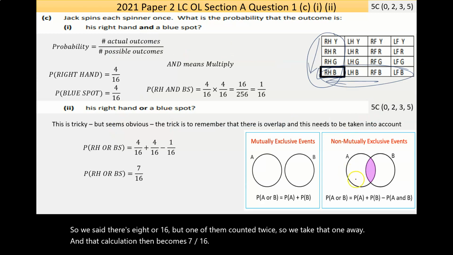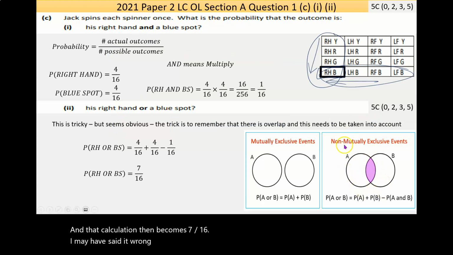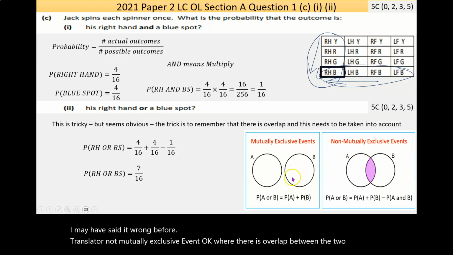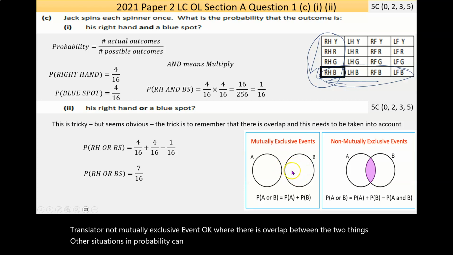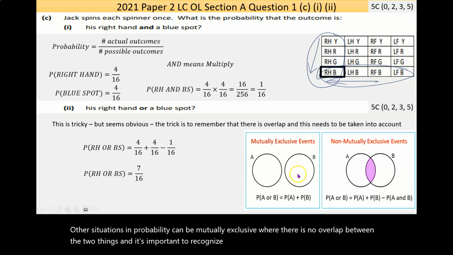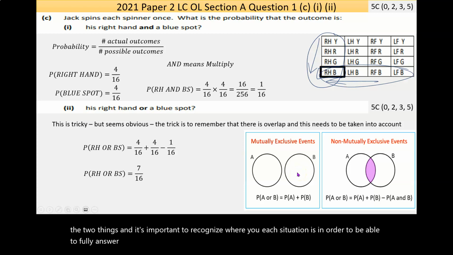Now, I may have said it wrong before. It was right. Not mutually exclusive event, where there is overlap between the two things. Other situations in probability can be mutually exclusive, where there is no overlap between the two things. And it's important to recognize which situation you're in, in order to be able to fully answer the more complicated questions.